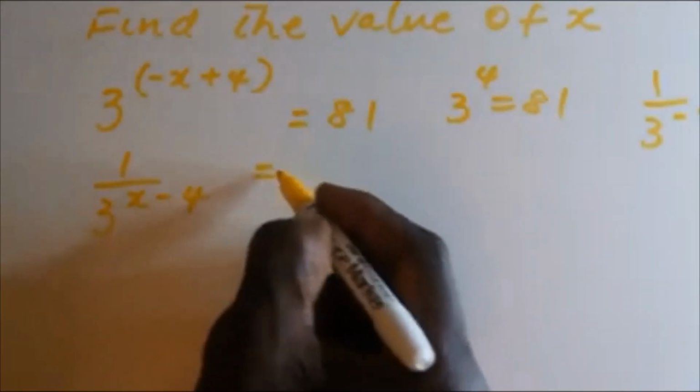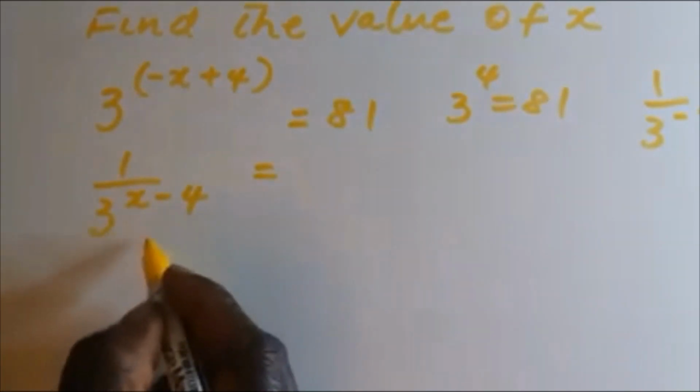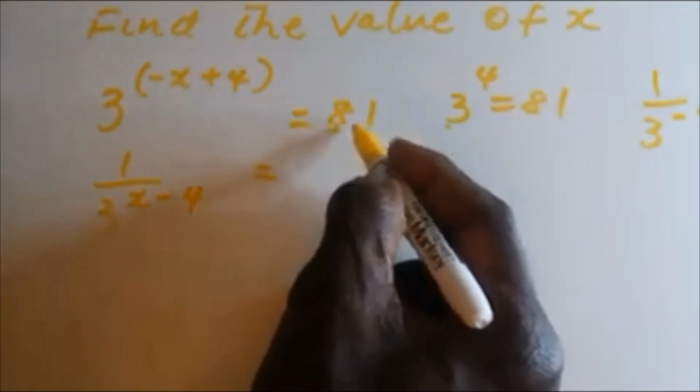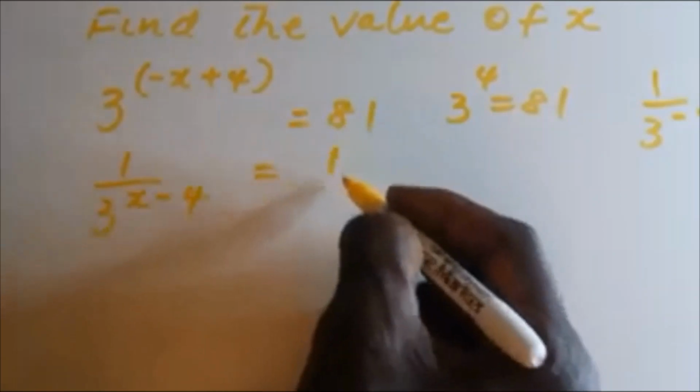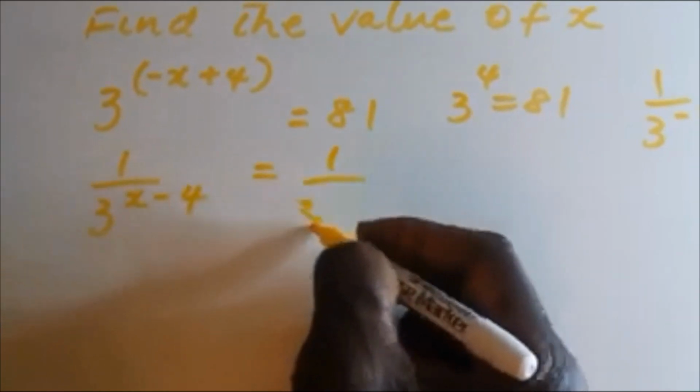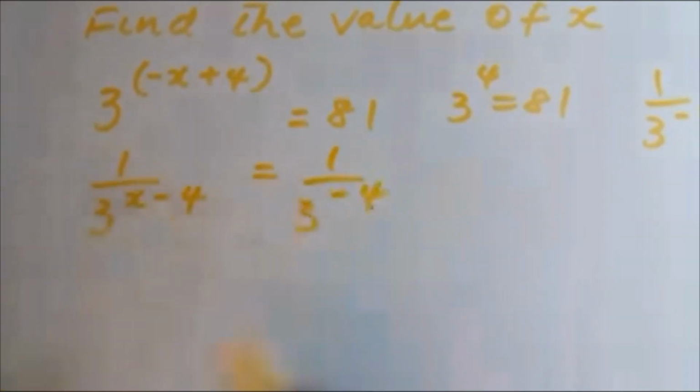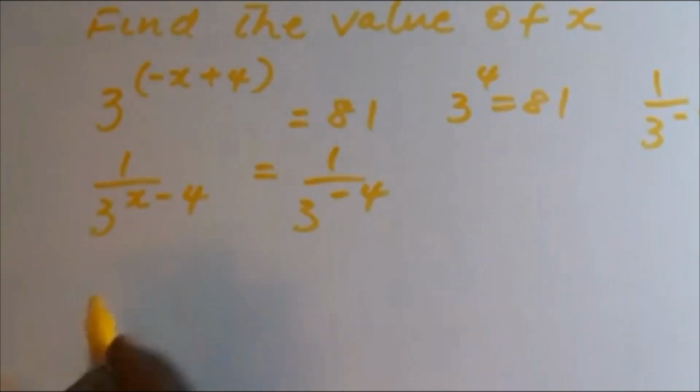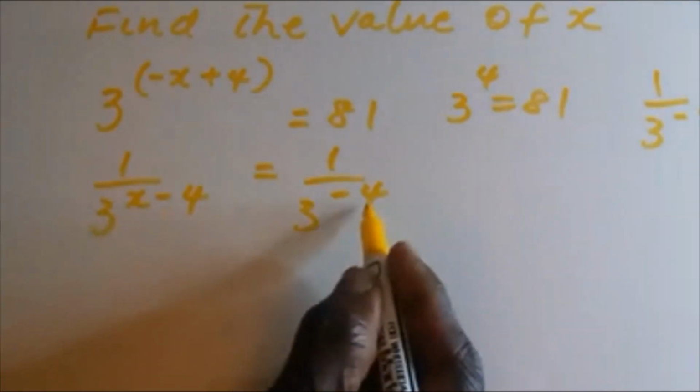So seeing that we have something in the denominator here, rewrite 81 as 1 over 3 to the negative 4. Now bear in mind we know that the inverse of 3 to the negative 4 is actually 81. So we can equate indices here.